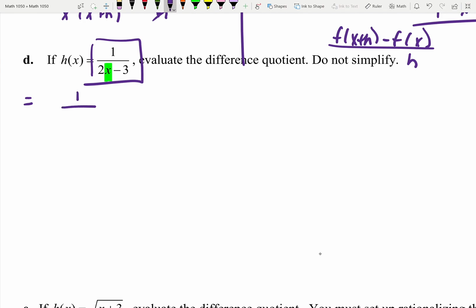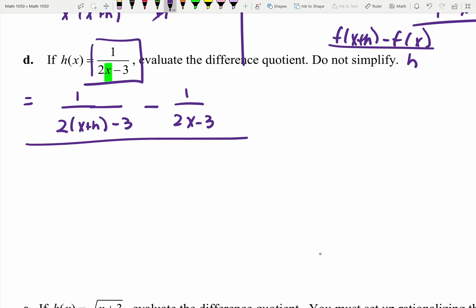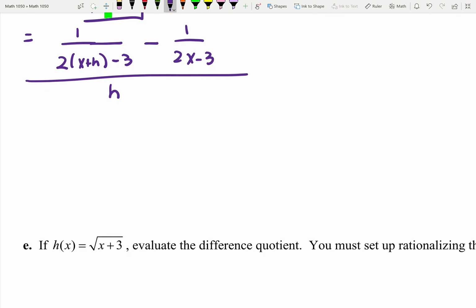So it's 1 over 2 times x plus h minus 3. Then you subtract f of x, which is 1 over 2x minus 3, and the whole thing is over h, okay? Now this one's pretty messy, but you're smart. You can deal with it, so you'll be fine. Okay, just put your h on the bottom.